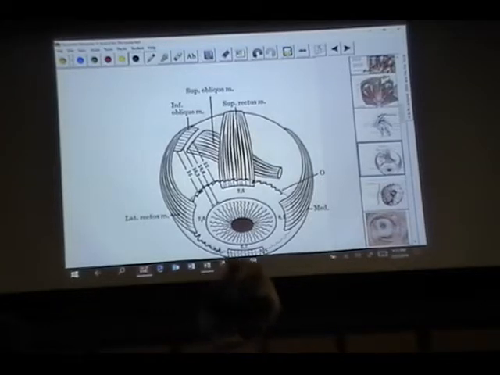Actually, it's a junction between the area of the uvea and the interretinal surface. Because it has this kind of serrated border, it's called the ora serrata.